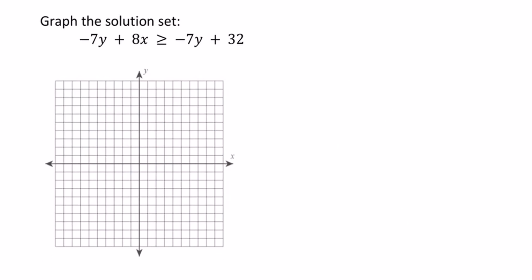Negative 7y plus 8x is greater than or equal to negative 7y plus 32. So let's solve for y. Get all y to one side, so add 7y over.